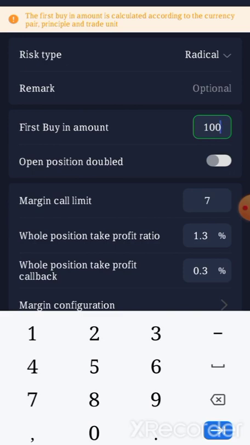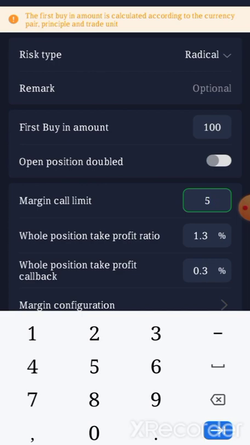Okay, now after that is set, I come to my margin call limit, and I change it. Instead of 7, I bring it to 5. Why am I reducing it to 5? Because we don't control the market, there are high chances that at times the market may easily go against us, however much we do the analysis.